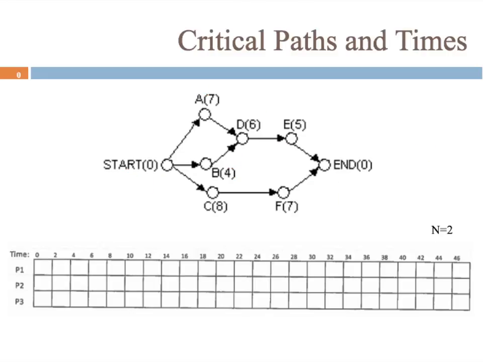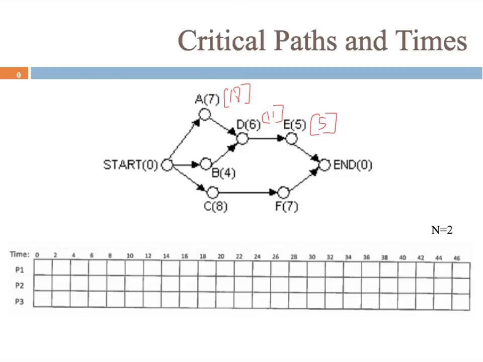Last one here, ending time, critical time of 0. Let's go up to task E, where we're going to have a critical time of 5. Okay, moving backward from there, we're going to take 5 plus 6, so we'll get a critical time of 11. And moving up to A, we'll take 11 plus 7, so critical time of 18.